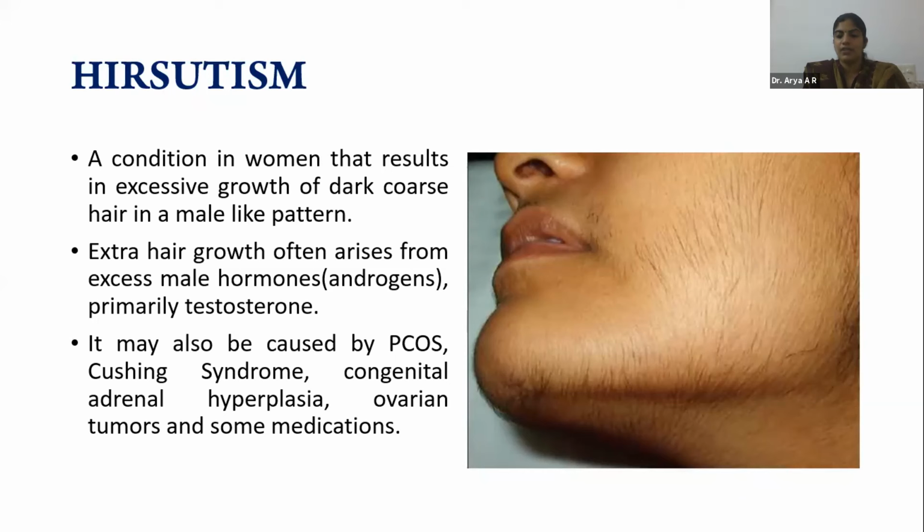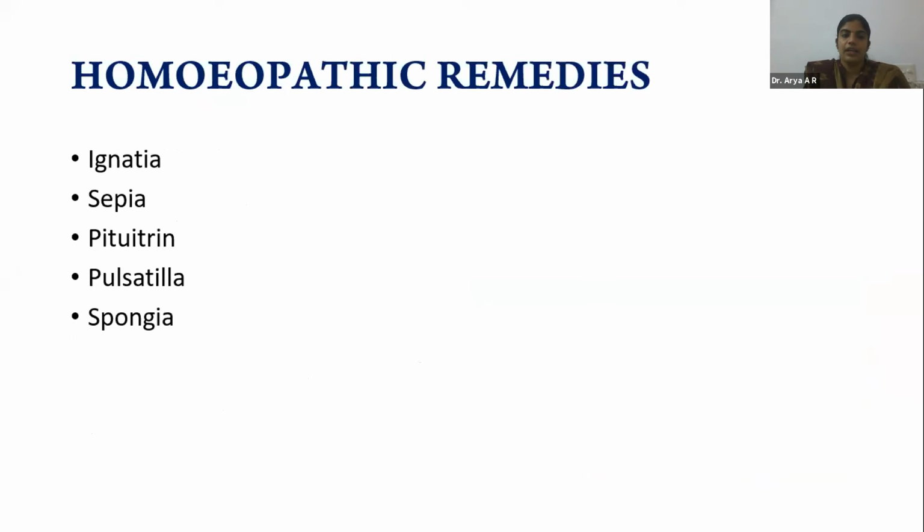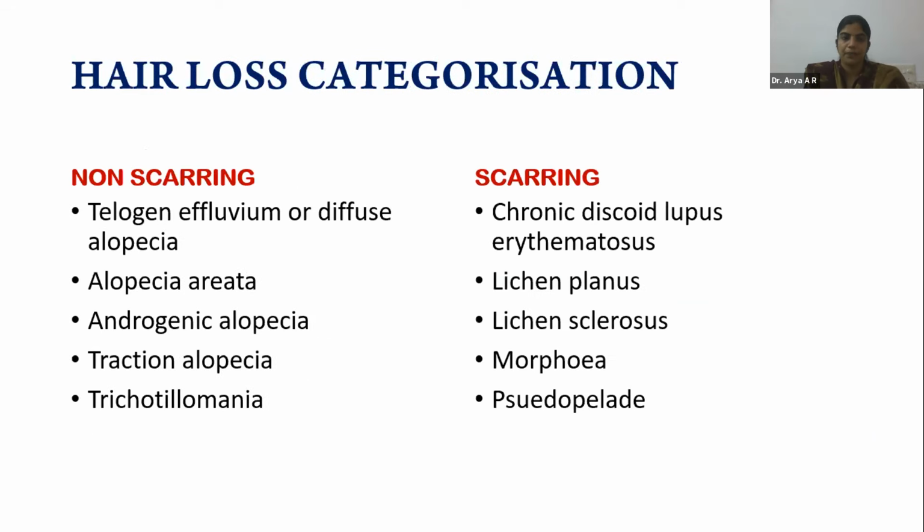So first of all, we should find out the underlying cause for this condition and treat that condition. When that condition is cured, the hirsutism itself will retard its growth. And also some other medicines like spongia and pituitrinum are helpful in treating this hirsutism condition.